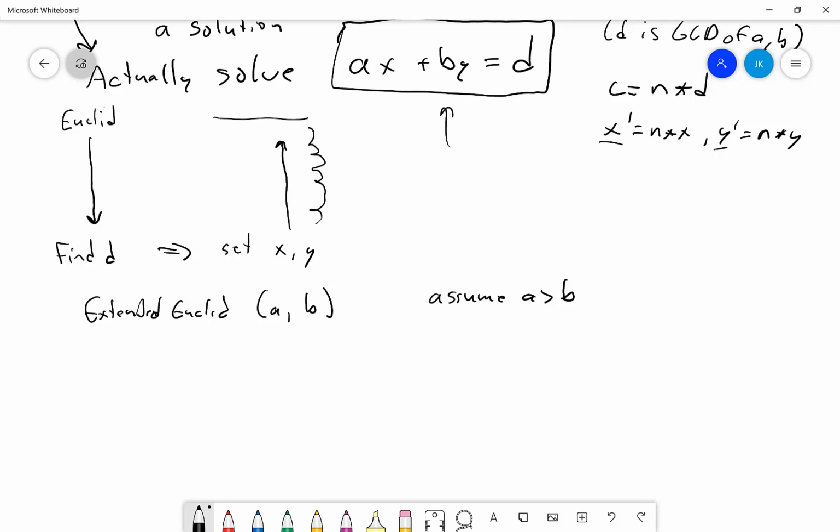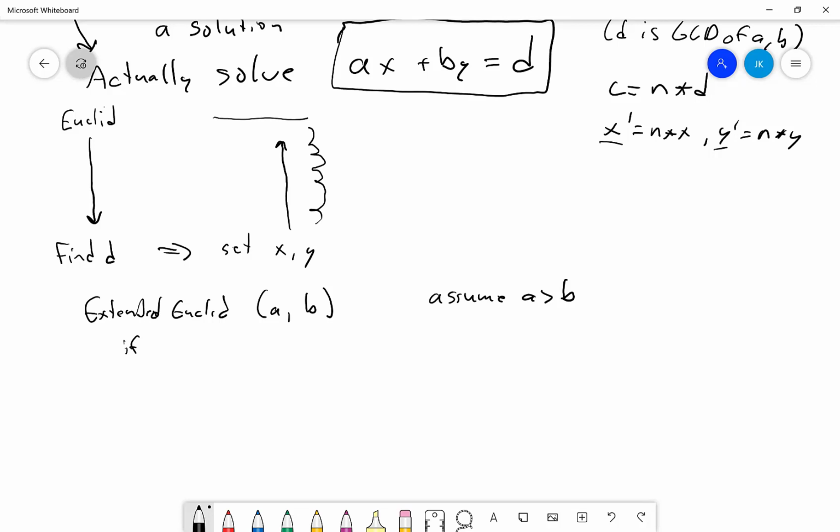There's no particular order in this equation for X and Y. And if one of them is negative or something like that, then we can just negate the whole thing. So anyway, it's very easy to make that assumption. We're not actually constraining ourselves by doing that.